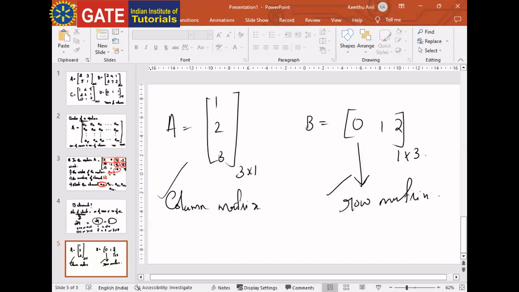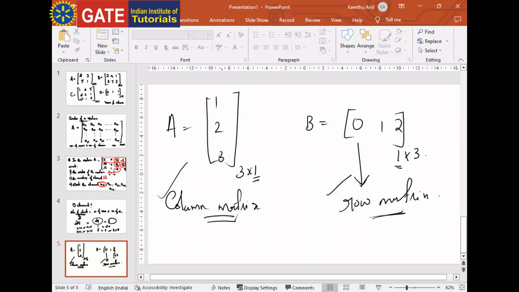One row and many columns will be a row matrix, and 1 column and many rows, that is what I told first. In here, how many columns are there? Only 1 column, right? How many rows are there? 3 rows are there. So only 1 column is coming, it is a column matrix. Only 1 row is coming, it is a row matrix. Understood?